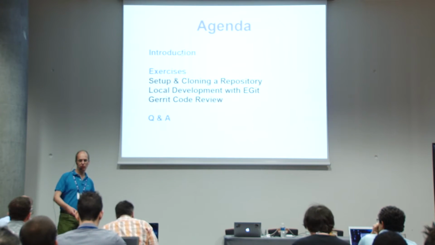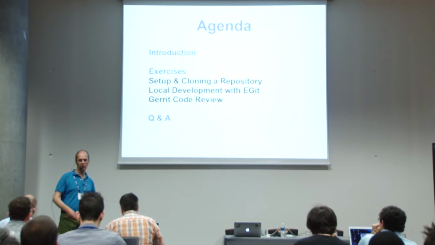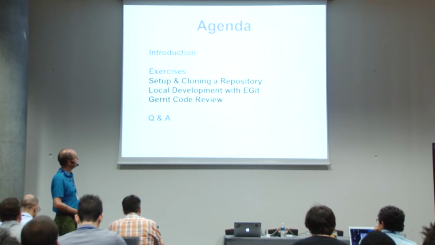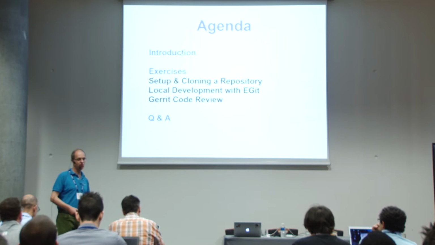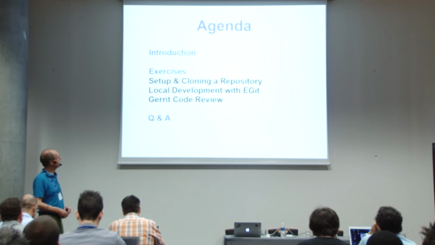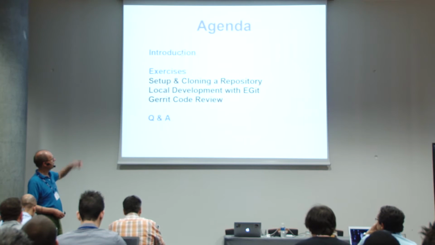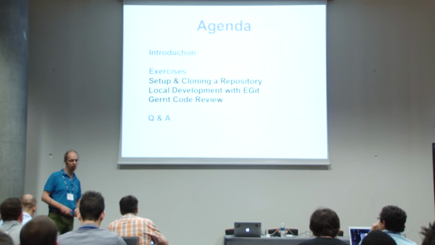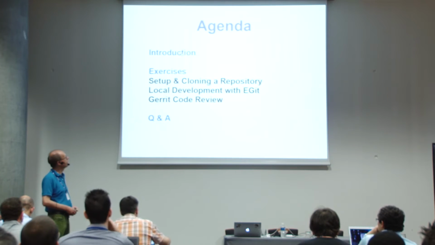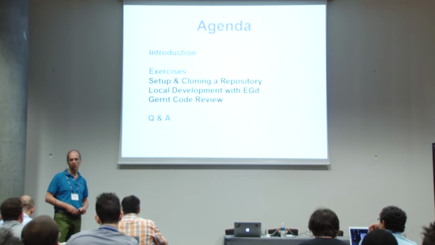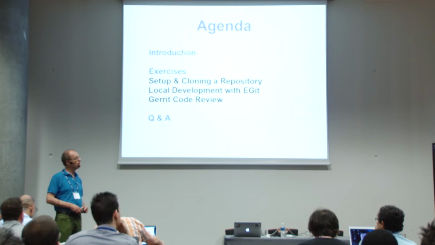So you have all the software on a stick, so you can run your own Gerrit instance locally, so you can also continue later. And if you already know the basics, you can also skip the basics and start with a later exercise. And then we'll have three main parts of the exercises. So the first one is, of course, setting up everything, a bit of configuration, and then you will clone the sample repository.